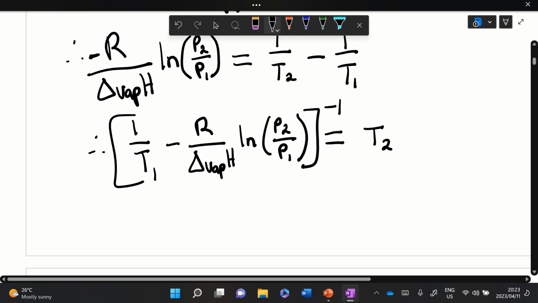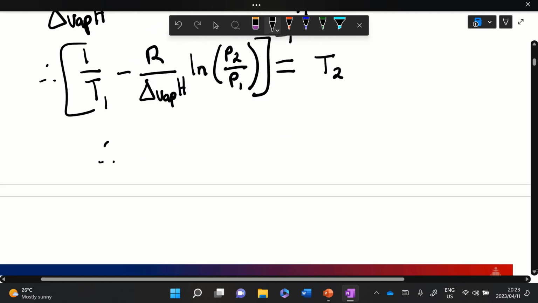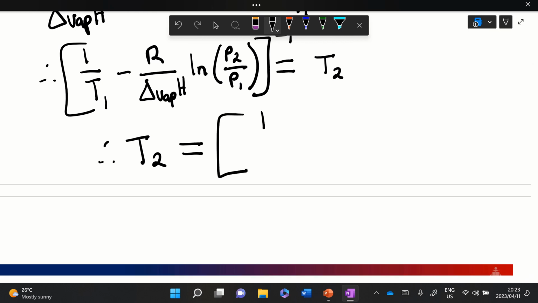And then you plug in your values. In other words, we have T2 is equal to 1 over T1.